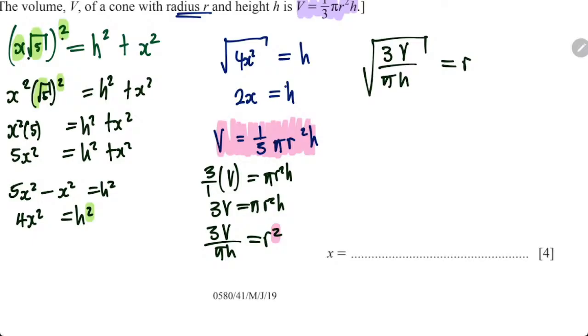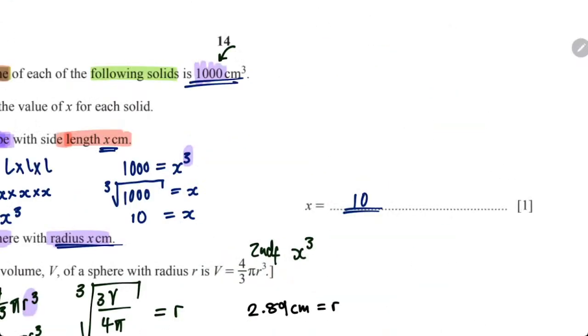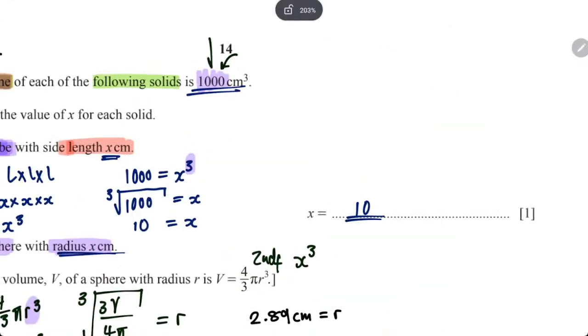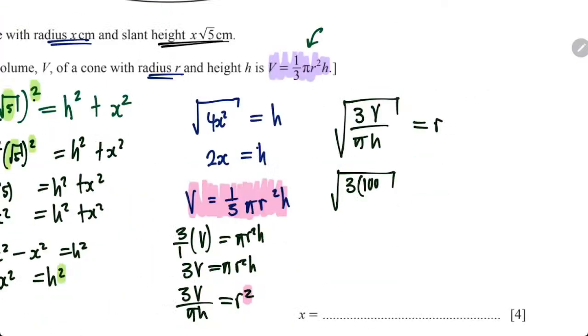Now, you've been told what v is. They said for all questions, use v as 1,000. So 3 by 1,000 over pi times h. H is 2x. This gives you r.